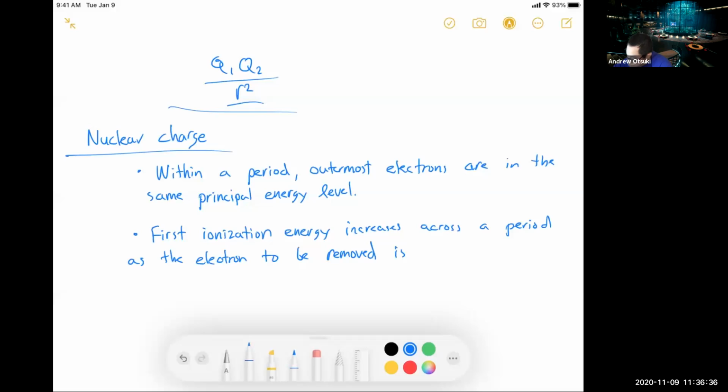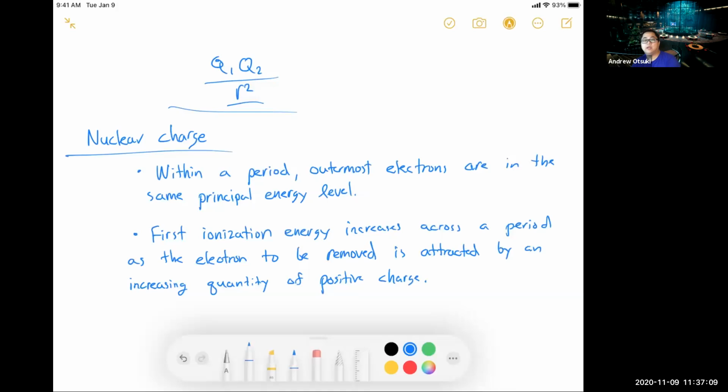The electron to be removed is attracted by an increasing quantity of positive charge. Okay, hopefully that makes sense.